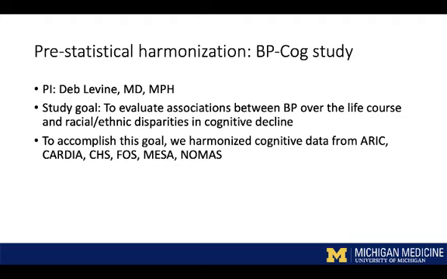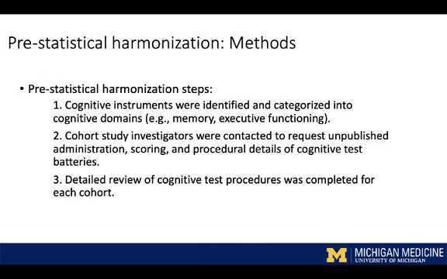The goal of this project is to look at associations between blood pressure over the life course and racial and ethnic disparities in cognitive decline. In order to accomplish this, we sought to harmonize cognitive data across 6 longitudinal cohort studies. They're listed here. So here are the steps that we took. Again, we first identified and categorized the cognitive instruments into their specific domains.